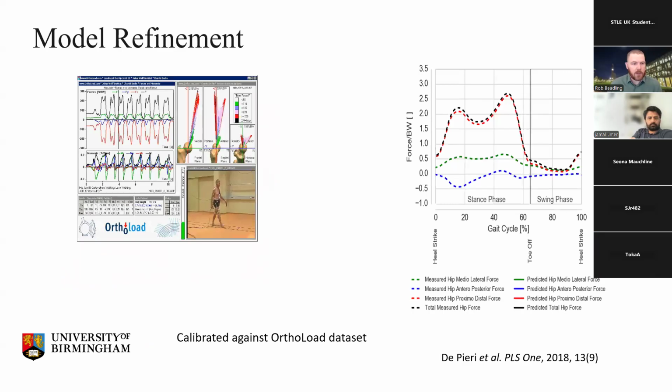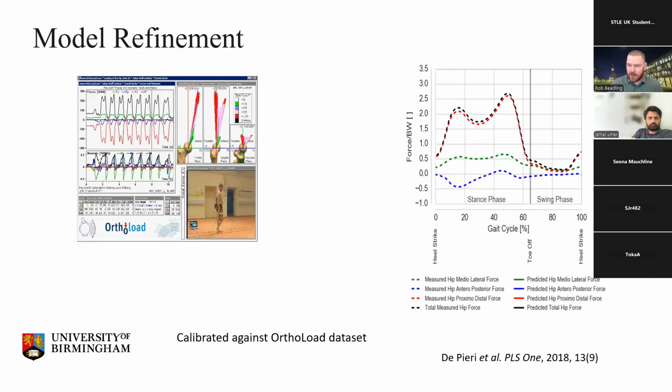So the model took a little bit of refinement. One of the pre-existing studies that exists out there is the OrthoLoad data set, which was done by an academic in Germany called Bergmann, where he actually took instrumented implants. So he had implants where he designed them with load cells built in, put them into patients.